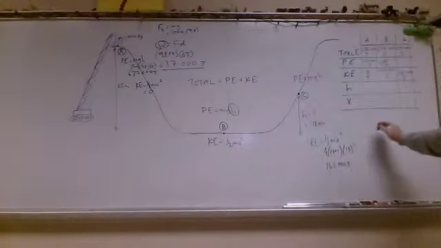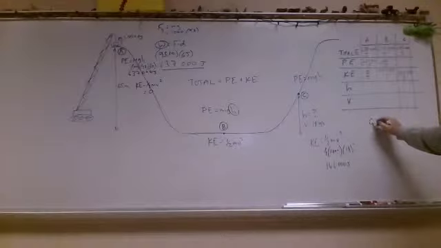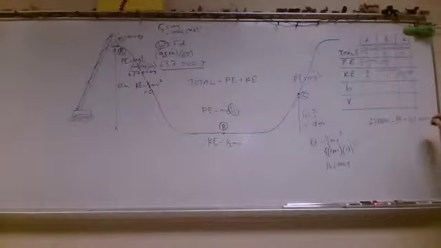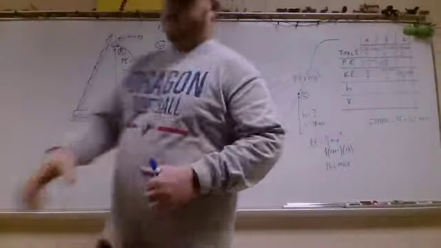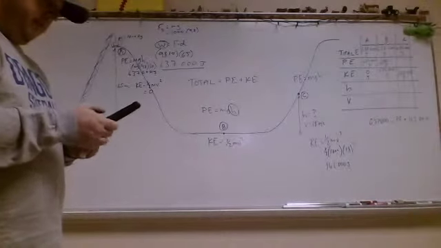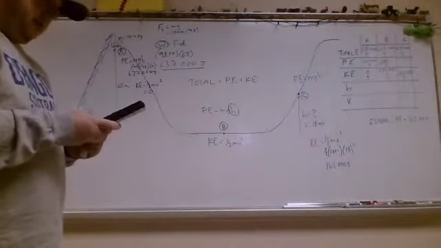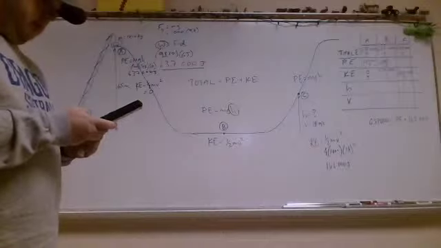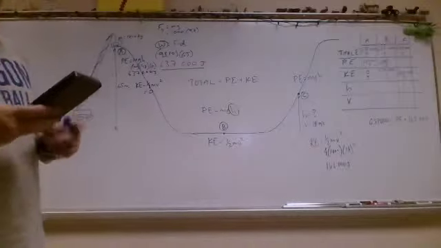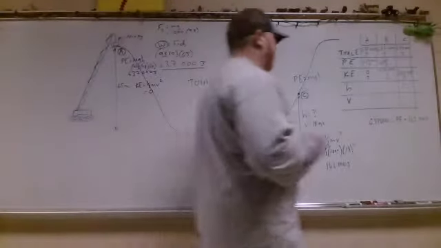So at point C, if total is 637,000, and it is equal to potential plus kinetic, and we know kinetic is 162,000, we can just subtract 637,000 minus 162,000, and we get 475,000.